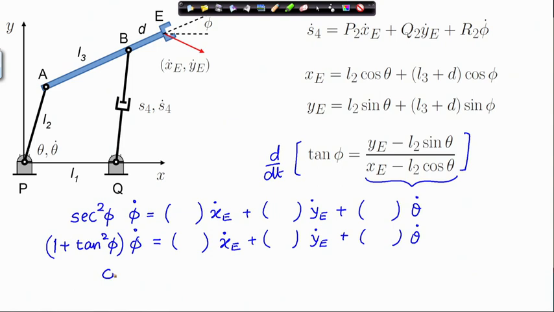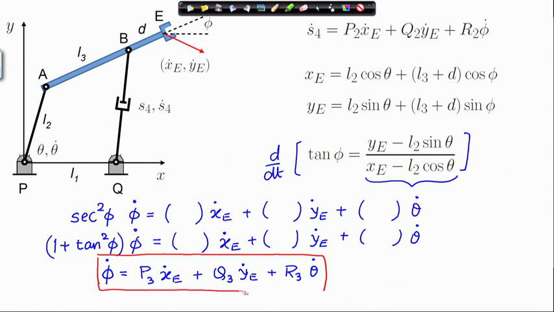So, therefore, finally, I must have, let me call it, some P 3 x e dot plus q 3 y e dot plus r 3 theta dot, where remember that P 3, q 3, r 3 are solely functions of x e, y e and theta.